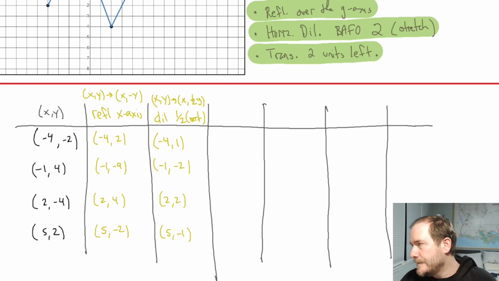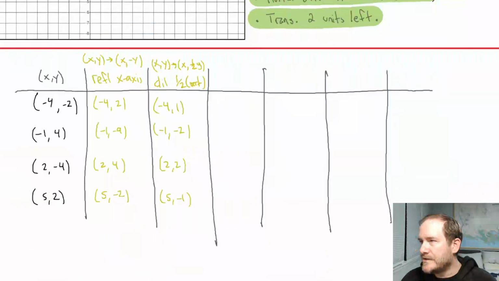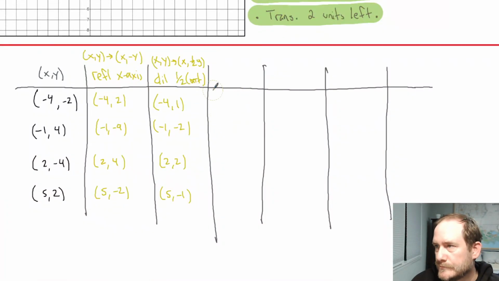Then we have a translation 1 unit up. So I'm just going to write 1 unit up. That's pretty good shorthand. How's this work? You take your ordered pair, and again, you won't change x at all, and to go up 1, you'll just take your y coordinate and add 1.